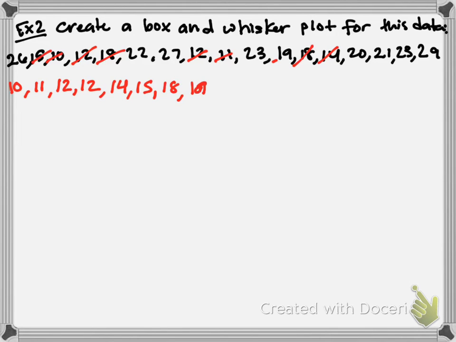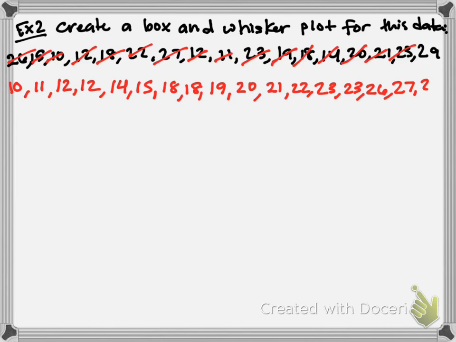Here's another 18, 18 and a 19. Then I have a 20, 21, 22, 2 23s. I have a 26, a 27, and a 29.